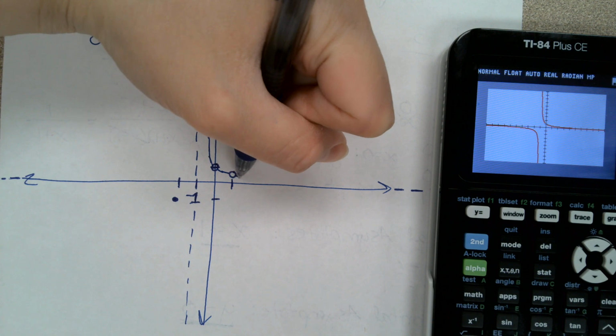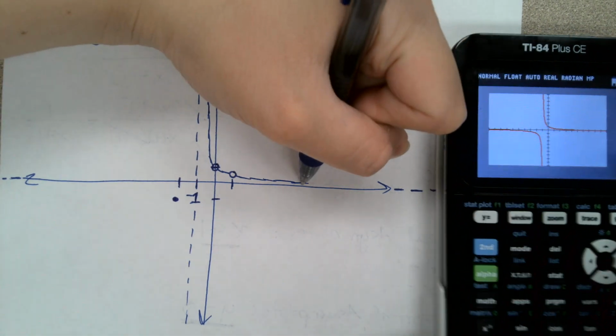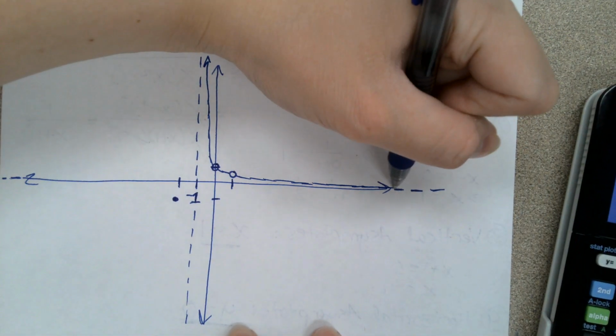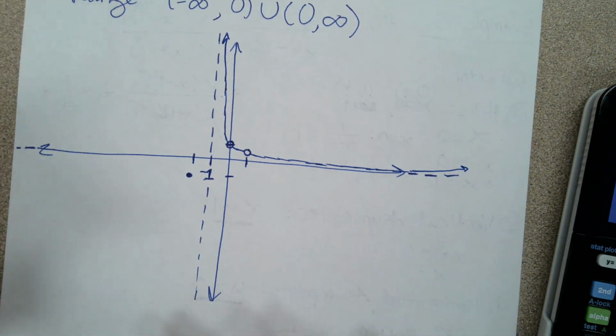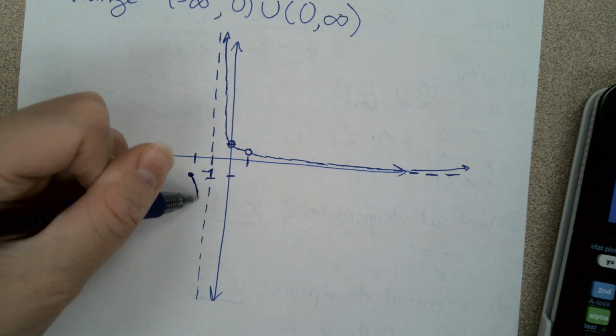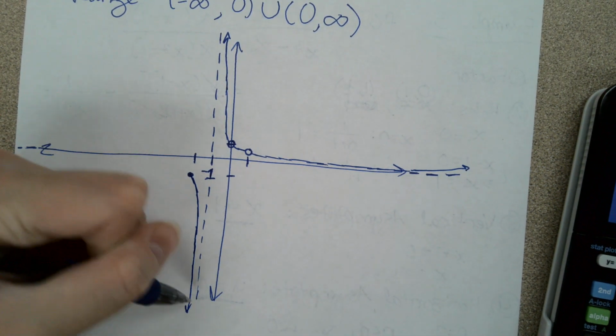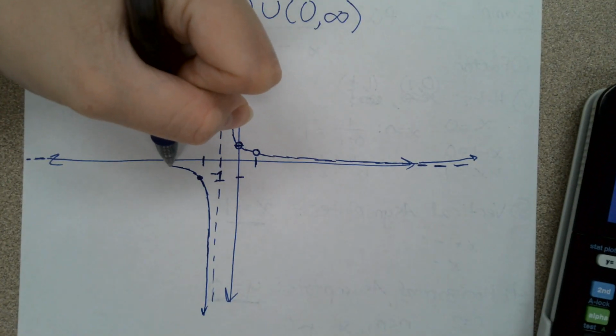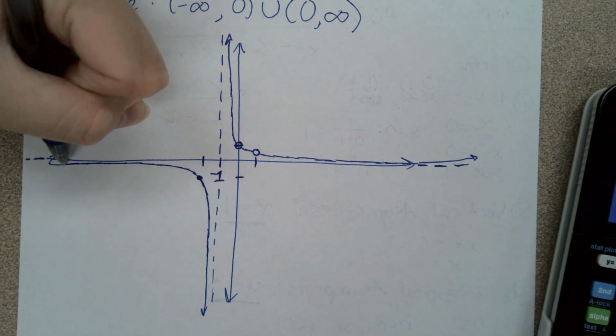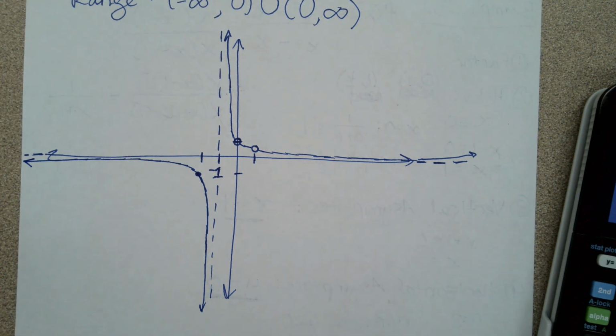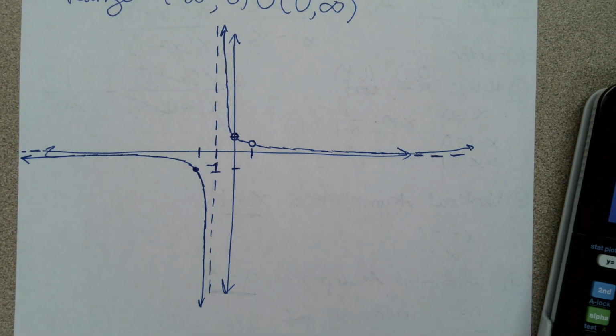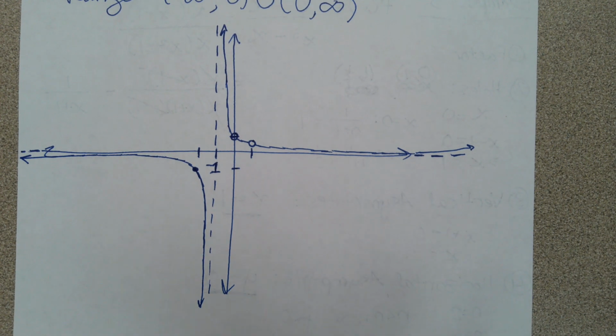Make sure you don't go through the holes. You kind of connect them, but don't go through them because they're not actually points. Something like that. All right, we have one more example and this video is done.